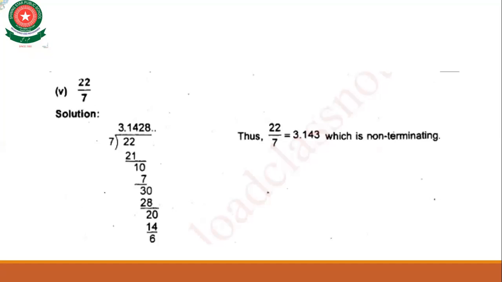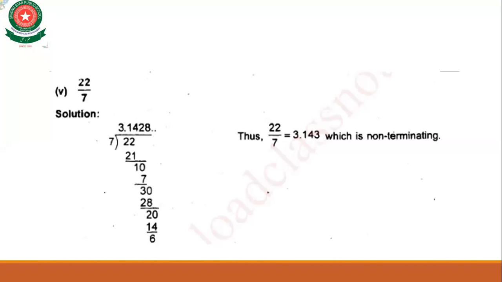So again we have to multiply 7 with 3 to get 21. So we multiply that. Then the remainder will be 1. Now we know that 1 is less than 7, so we will add 0 to make it 10. Again we will multiply 7 with 1 to get 7, and the remainder will be 3.